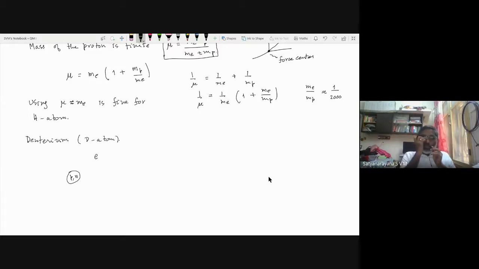Your reduced mass will change. You can assume that the proton and neutron have the same mass. So the mass of the nucleus is 2 times mp.